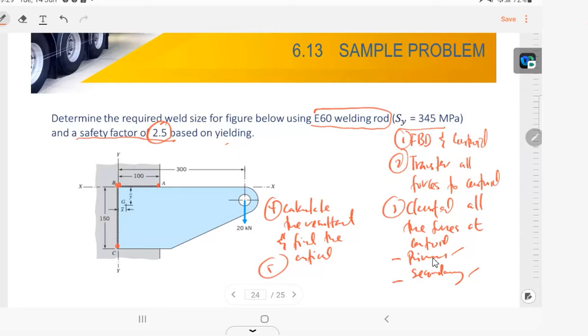Yield strength involves direct and shear stress, so you will use 0.577, like the equation before. Okay, based on safety factor, strength divided by max.